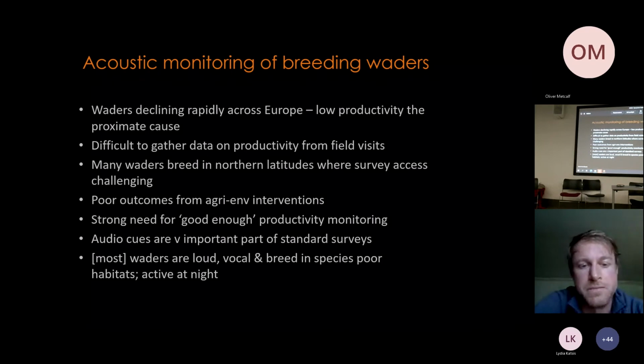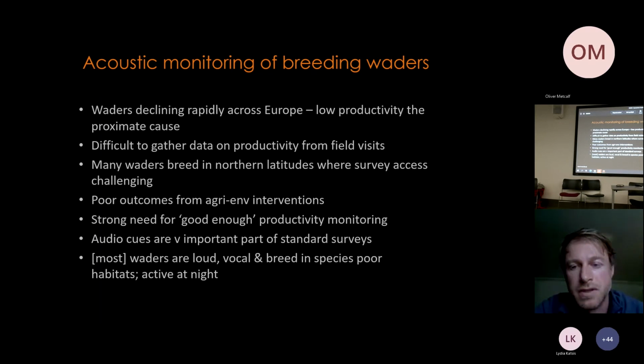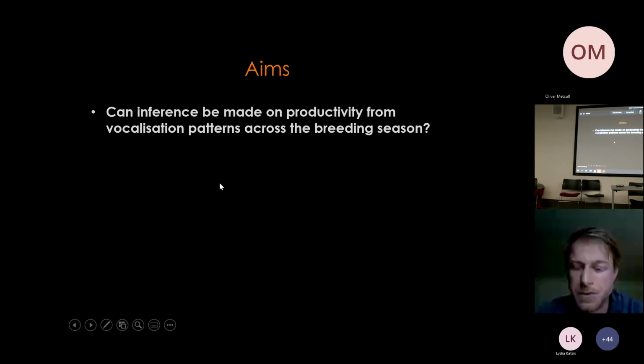And furthermore, most species of wader are really conducive to acoustic survey designs because they're loud, and the calls often carry across large distances. They also breed in species poor habitats, which is also really useful because the challenge of sifting through data to pick out your target species is not really much of a challenge with some of the species I'm talking about.